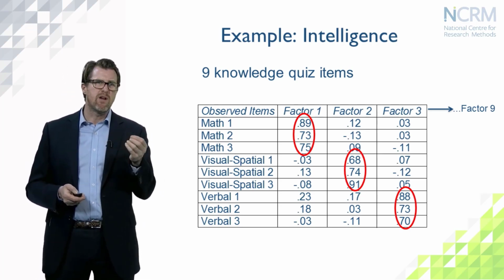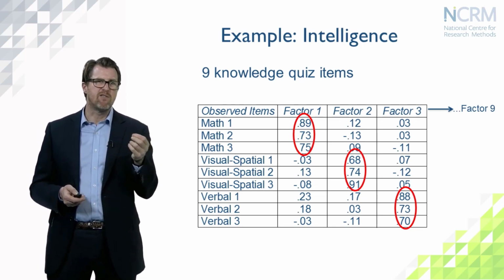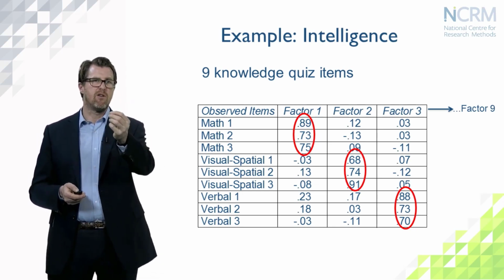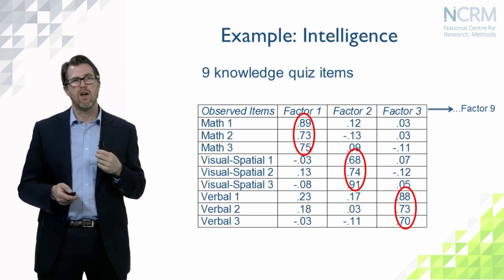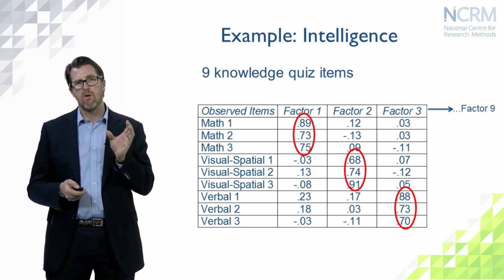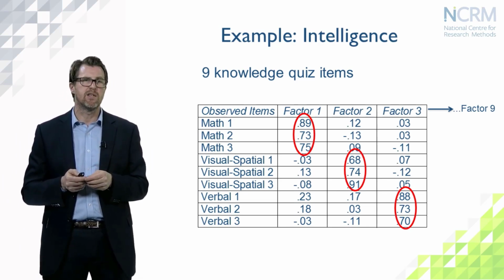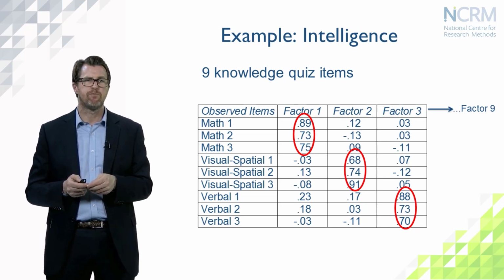So we do this inductive process of figuring out what the factors are measuring by looking at the correlations between the factors and the observed variables once we've retained a smaller number that we think is in some ways satisfactory.